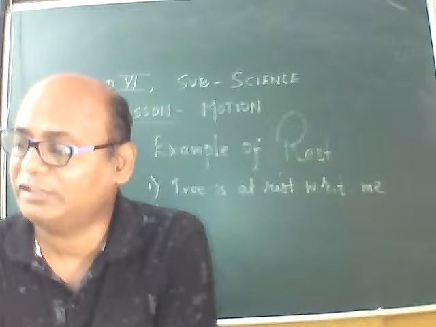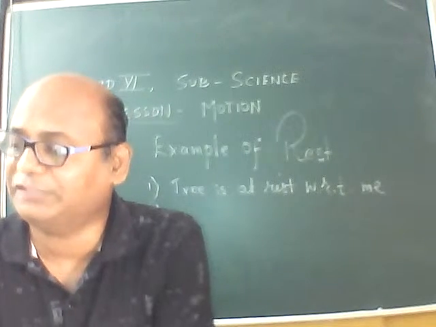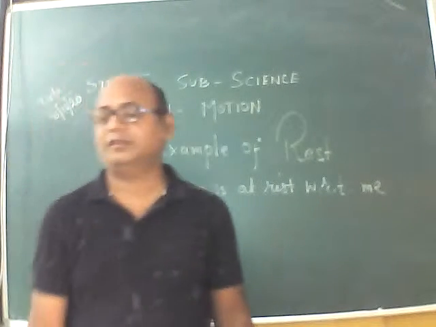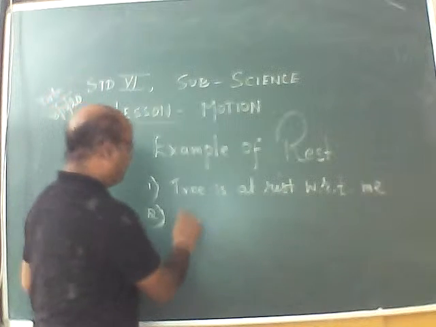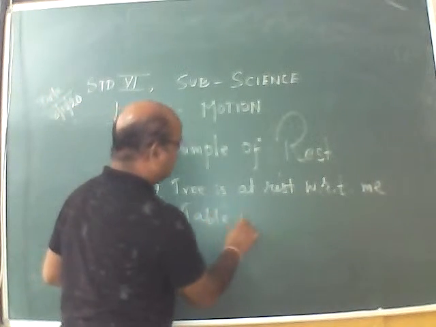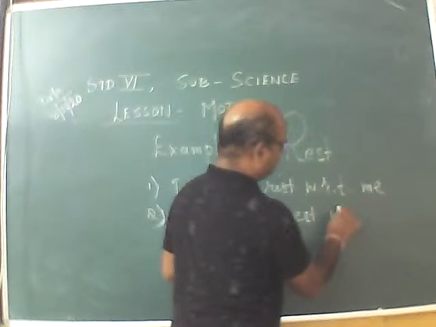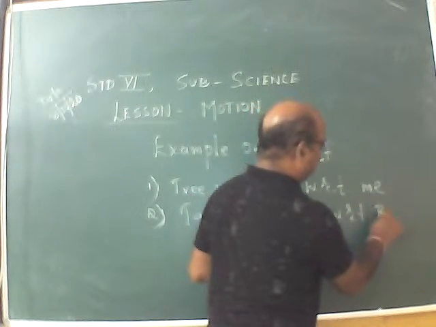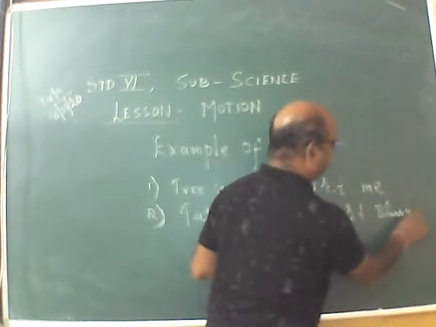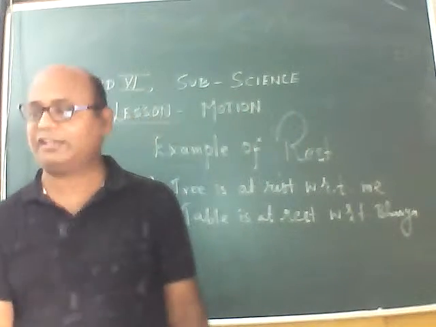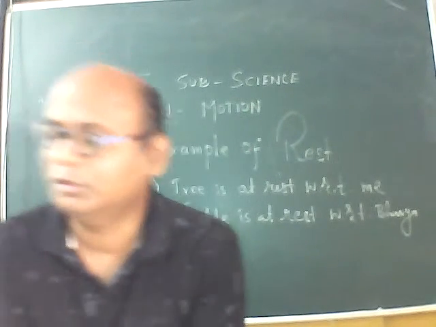Like that, the flower is at rest with respect to me, Janvi here. Very correct. So the table is there, Bhavya's example I write: the table is at rest with respect to Bhavya. Like that, other examples you have given. All examples are correct. Very good.